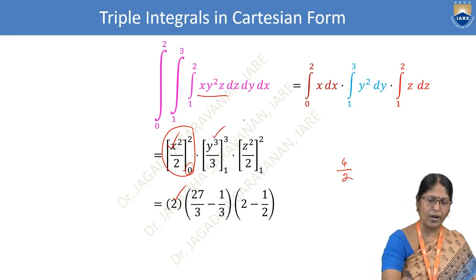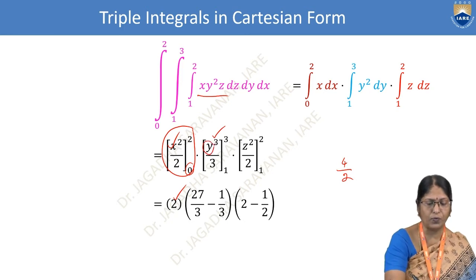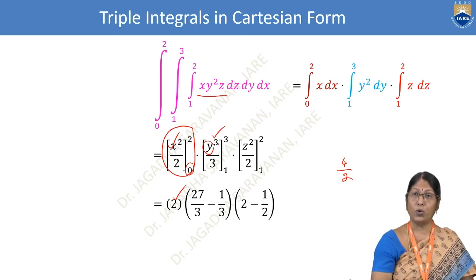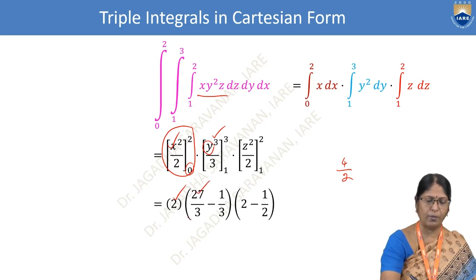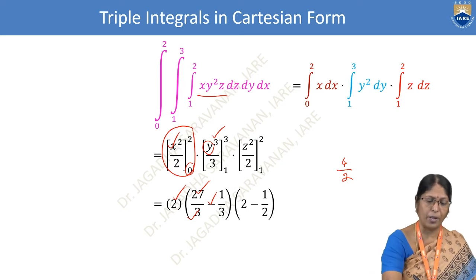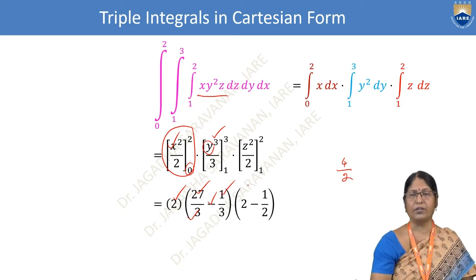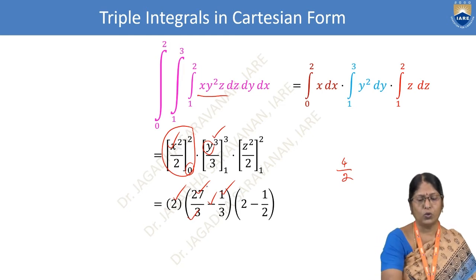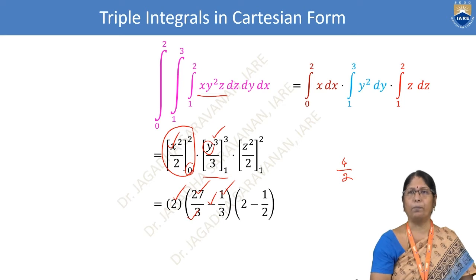The middle one is y cube by 3. In the y place we substituted 3 cube, so 27 by 3, minus, and y placed as 1, we got the lower limit 1 by 3. So this limit substitution also we completed.